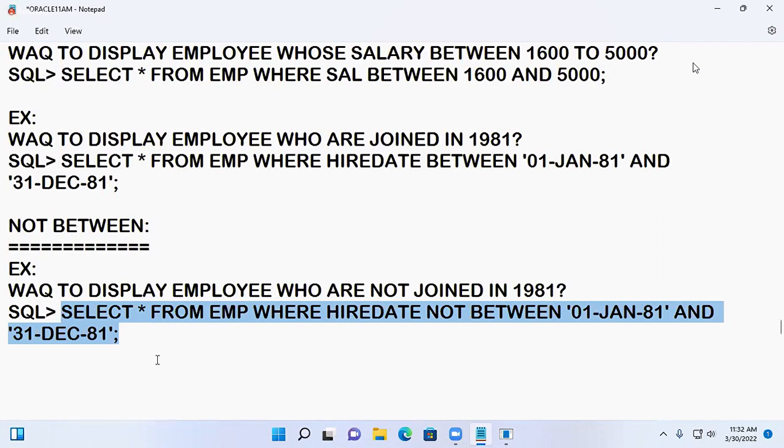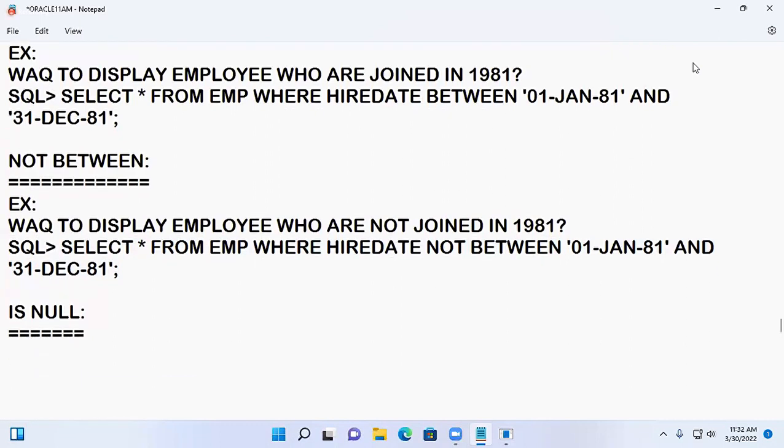Okay, this is what the between and not between. And the next special operator, and very important for you, is null. Okay, right.